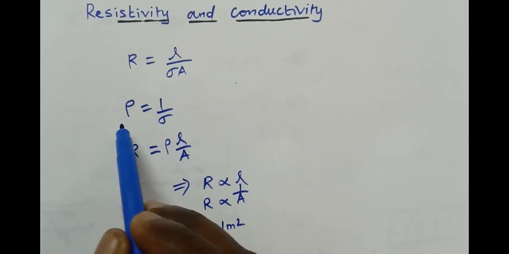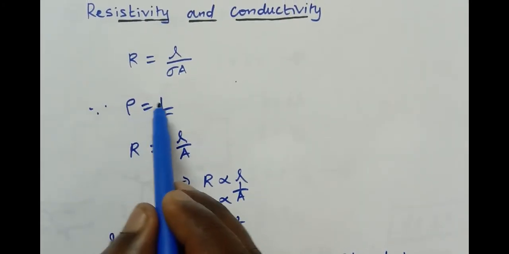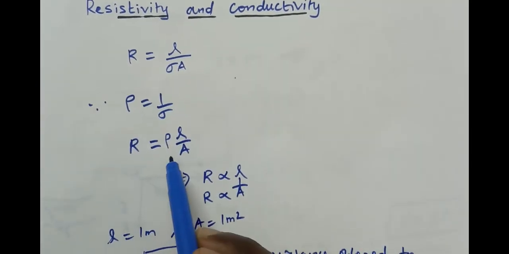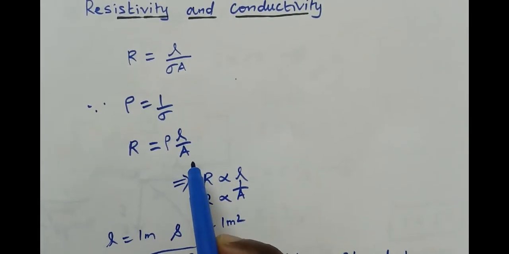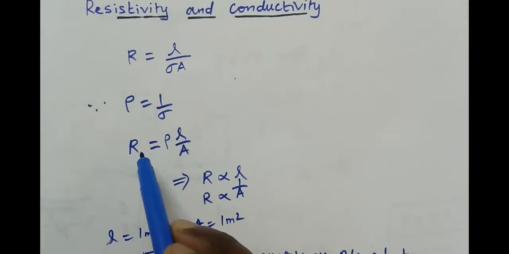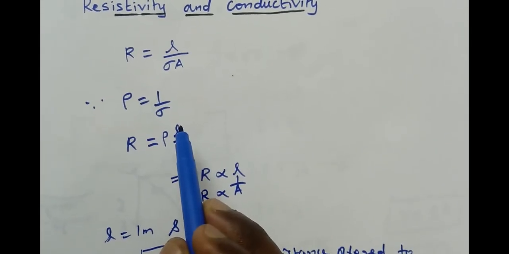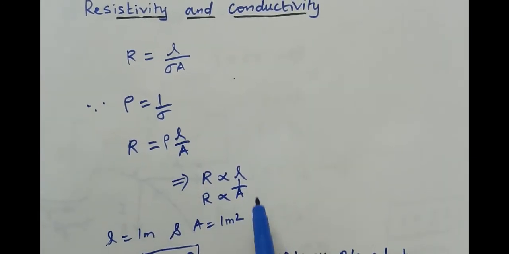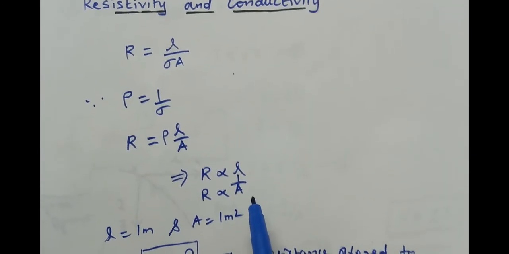Therefore, we know that ρ = 1/σ. Now substitute this relation: R = ρL/A. The resistance of the conductor is directly proportional to the length of the conductor and inversely proportional to the area of cross section of the conductor.